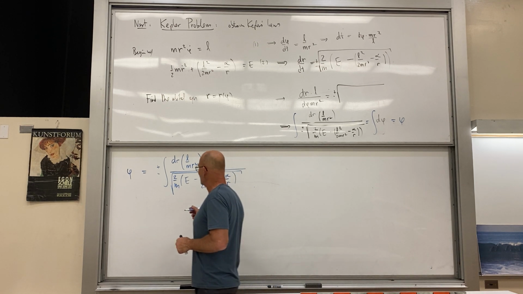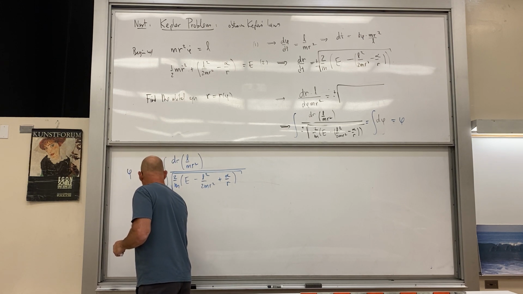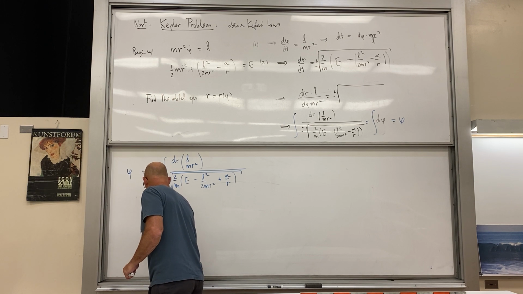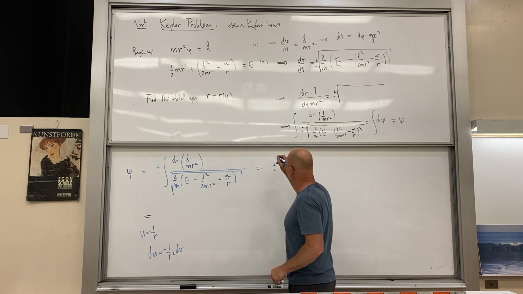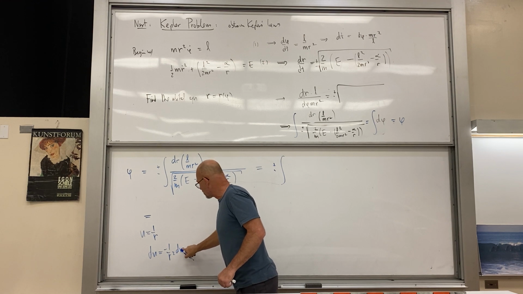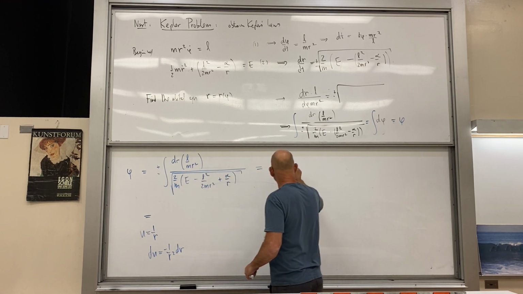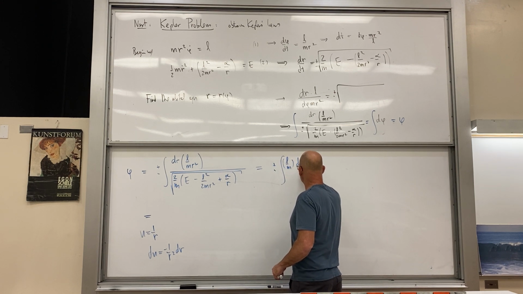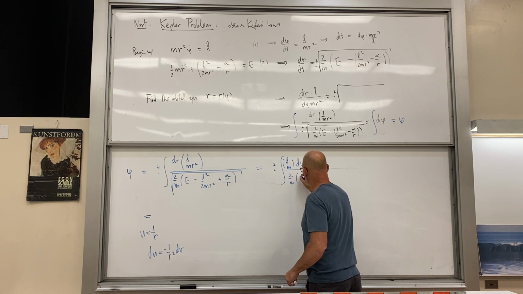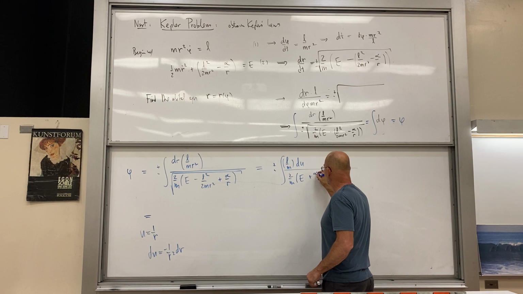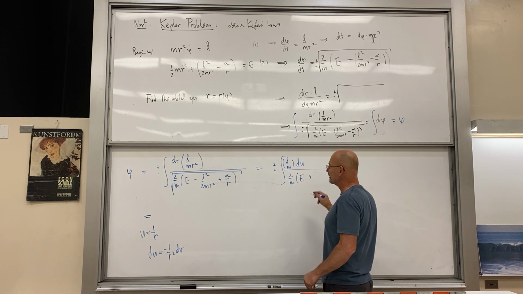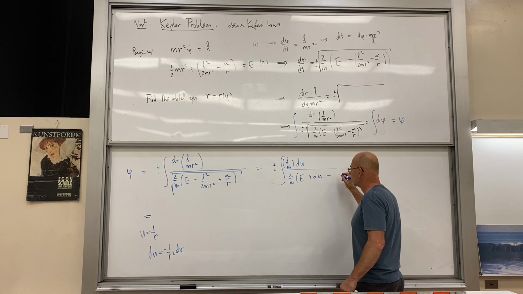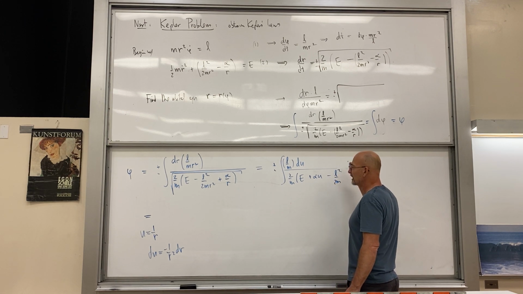So let's get the ball rolling. We're going to let u be equal to 1 over r, so du is equal to minus 1 over r squared dr. We've got the dr over r squared right here, so we have L over m du, and here we have 2 over m times E plus alpha u minus L squared over 2m u squared.